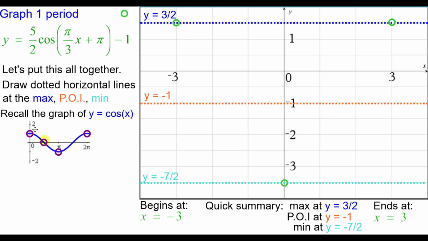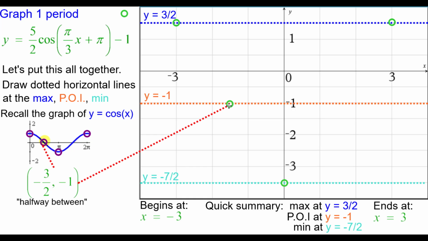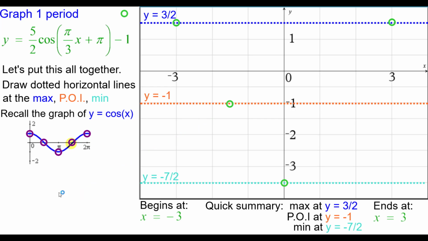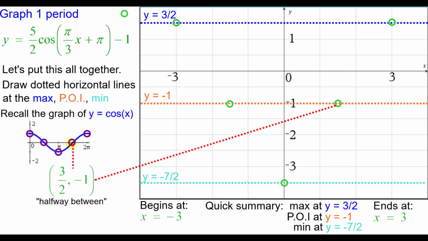Halfway between the max and the minimum is a point of inflection, normally at pi/2, 0, but for our purposes, halfway between -3 and 0 is -1.5, and it's down here along this line here. So -3/2, -1 is this point of inflection here. And halfway between the min up to the maximum is another point of inflection, and that's going to be at +3/2, halfway between here, and again along the -1 line.